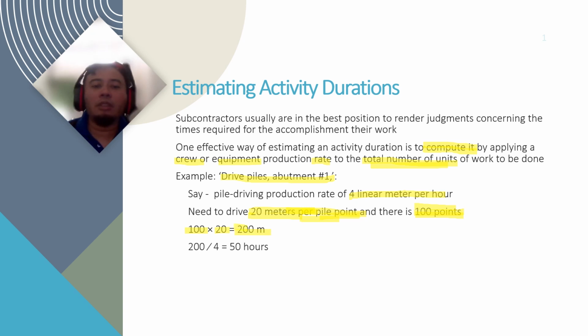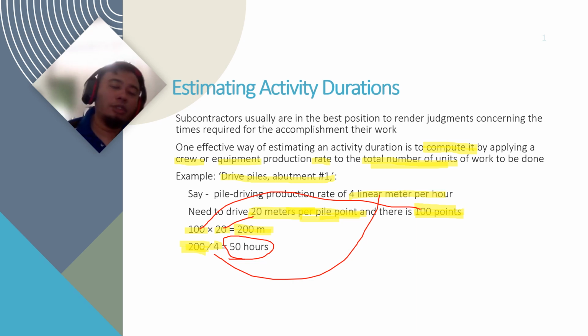So you have 2,000 meters in total, to be driven divided by your rate, so you get 50 hours. So this is how you estimate. If you are using hours, fine, and if you're using days, you convert it to days. Dividing by 8 hours of work, it will be about 7 days.